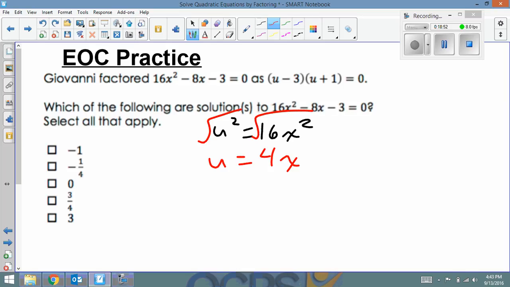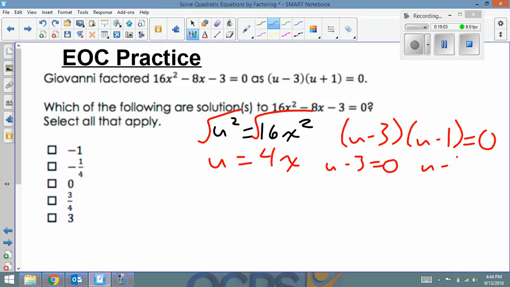Okay, so we know what u is. So now that we have his factors of u minus 3 and u plus 1, they're both going to equal 0. So add 3. So we know u is equal to 3. We also subtract 1. We know that u could also equal negative 1.